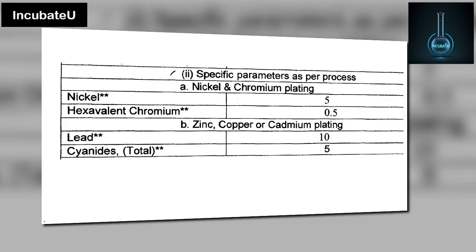In case of zinc, copper or cadmium plating, the requirement is lead, for which the permissible limit specified is 10 milligram per Nm cube, and another parameter is total cyanides, 5 milligram per Nm cube.